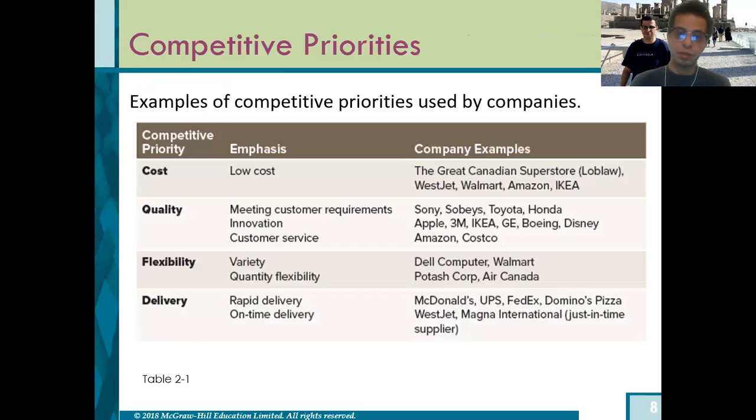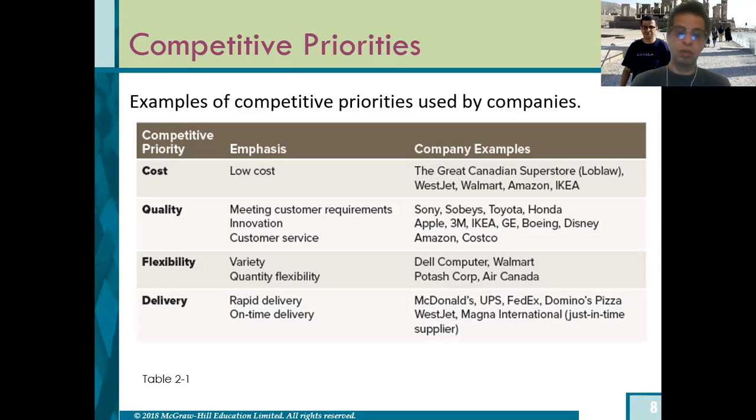Here we are looking at examples of competitive priorities used by companies. For example, for cost, you're looking for the lowest cost: Great Canadian, Loblaw, Superstore, IKEA, Amazon. Then for quality, meeting customer requirements, innovation, customer service: Apple, Boeing, IKEA, Costco, Toyota, Honda.